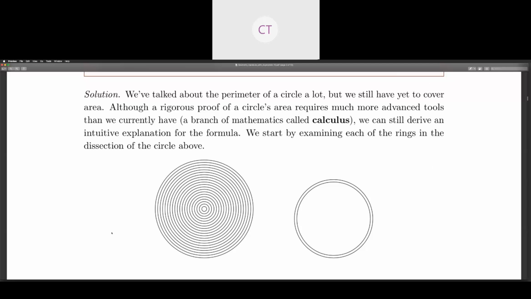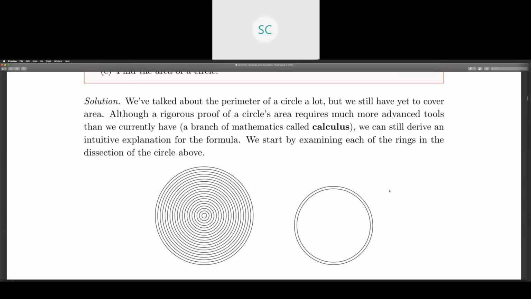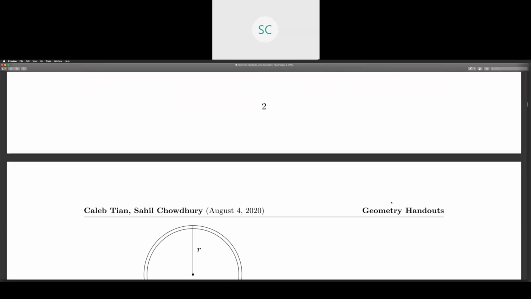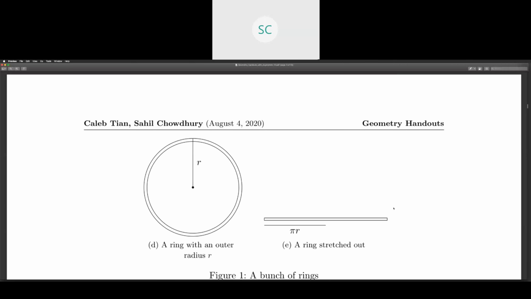Can anyone tell me the shape they get after messing around with their rings? Just type it in chat. I'm going to give you another hint, which I think should be more helpful than the previous one.